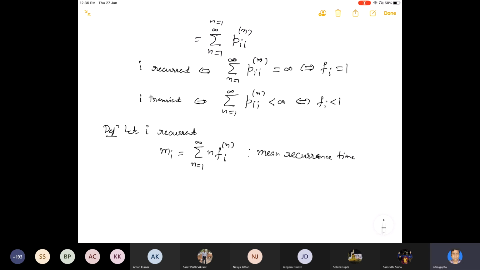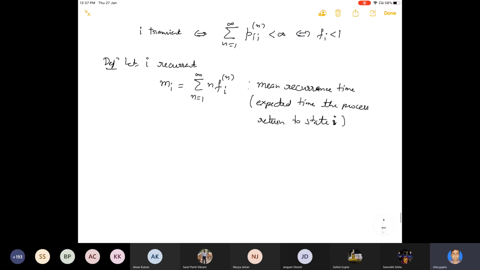It is the expected number of times the process returns to state I, that means the expected time the process returns to state I. Time does not mean exactly time here, it means transition steps, etc.